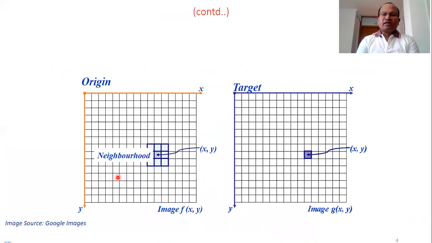You can see here that suppose there is an origin and a neighborhood, xy is the pixel position, and this is the input image. Now there is a target image. In this target image, the xy dimension will remain the same, but the pixel value will change, where f is the input and g is the output.